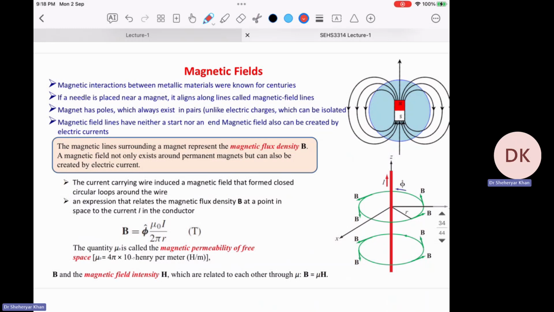But for magnetic fields, they always need pairs. It's not possible to have only a north pole. So you take a magnet and you cut it into two pieces, you'll get two magnets, north and south, and you keep on breaking and you keep on getting pairs of poles.